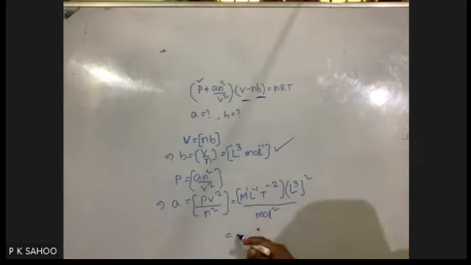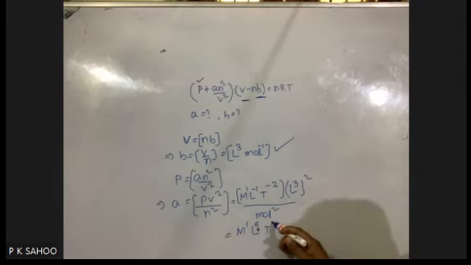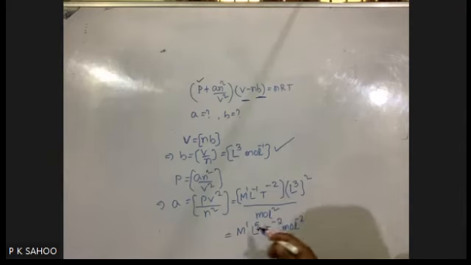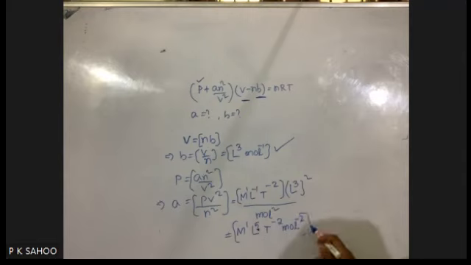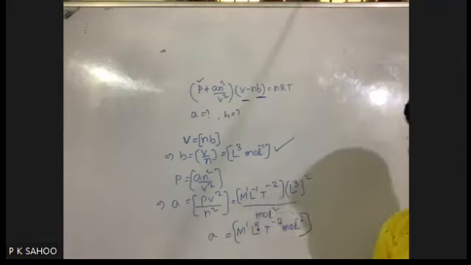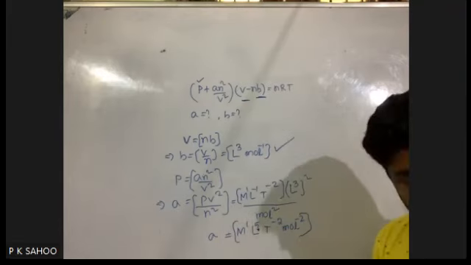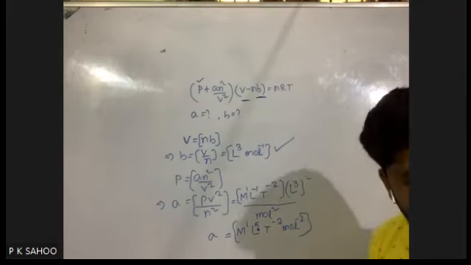What is coming at last? M1 L5 T to the power minus 2 mole to the power minus 2. Correct? So this is the dimension. 100% this question comes in exam. Always this question comes in exam.